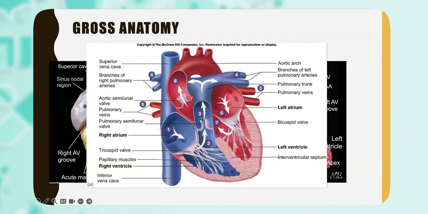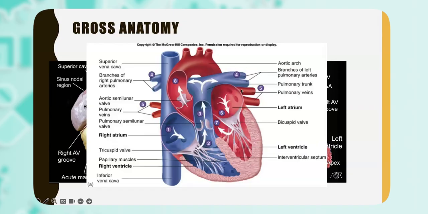And this blood again goes through the pulmonary valve into the main pulmonary trunk, which divides into the right and the left main pulmonary arteries, and which further divide into branches. This pulmonary valve is a semilunar valve. And one point to mention is the tricuspid valve is the largest valve of the body, and the pulmonary valve is the smallest valve of the body.